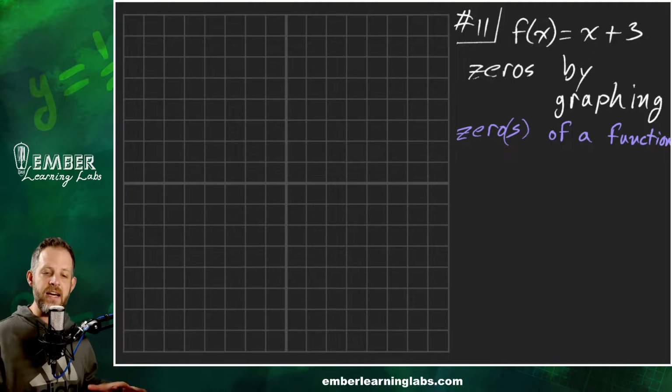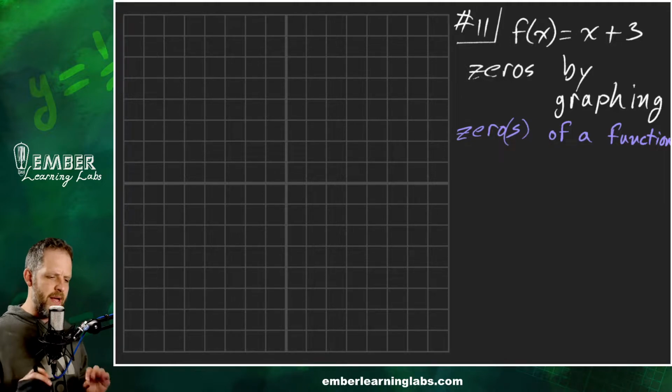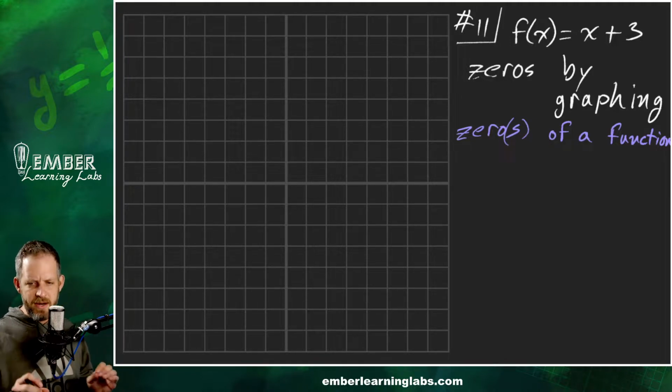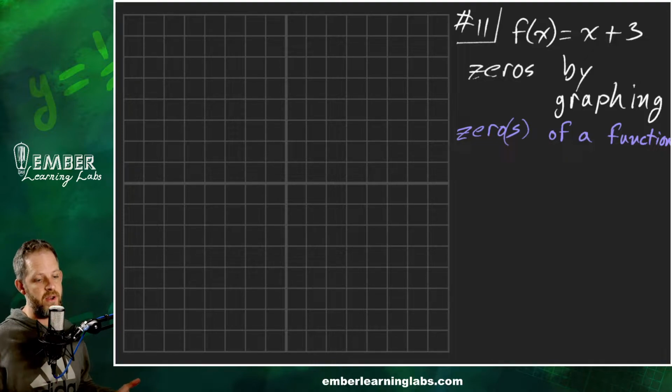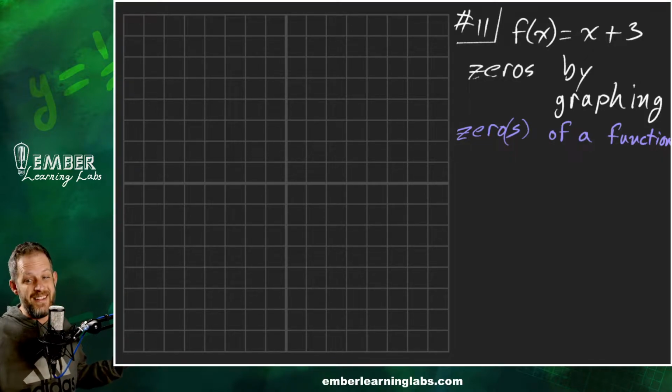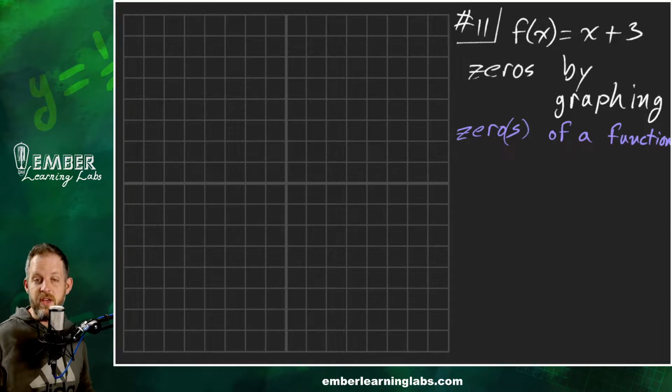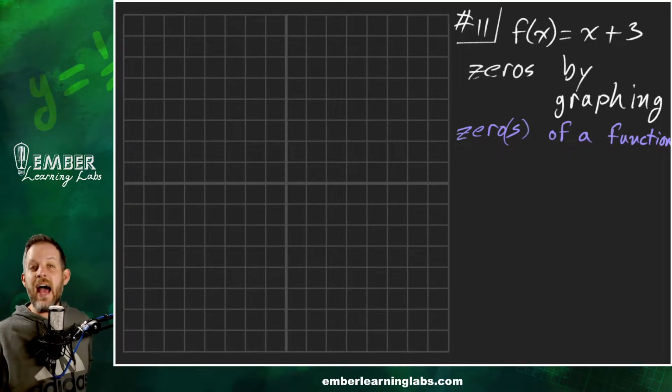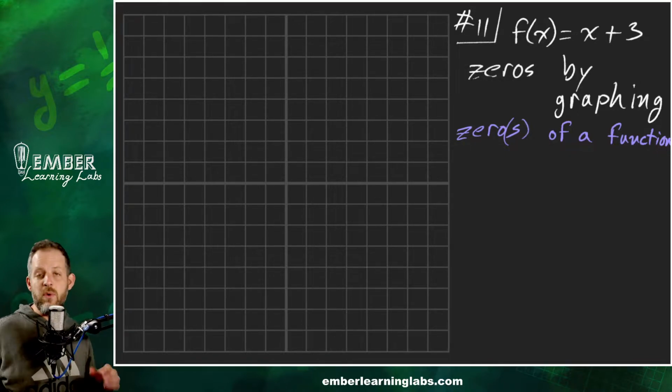I want to reiterate that here, because we're going to see zeros repeatedly throughout the rest of your math career, and actually in your science career as well. We see zeros in physics all the time, and definitely in chemistry. So it's important that we understand the idea, and that's where we focus in the lesson.